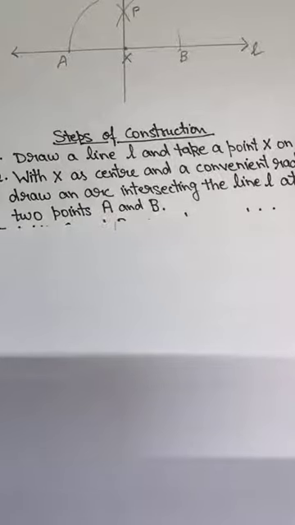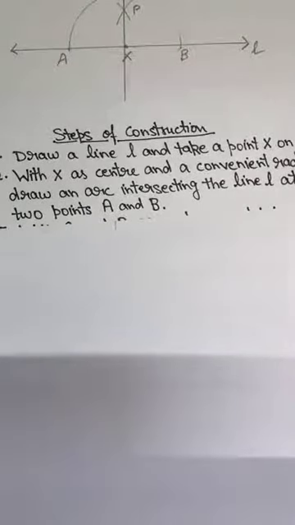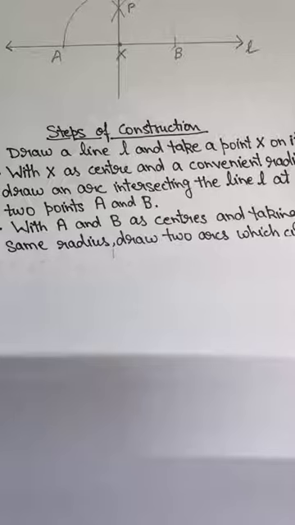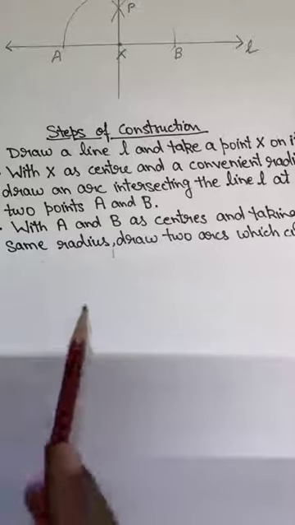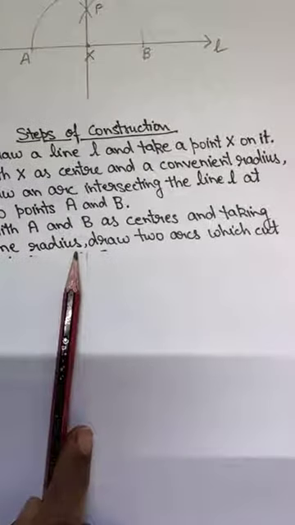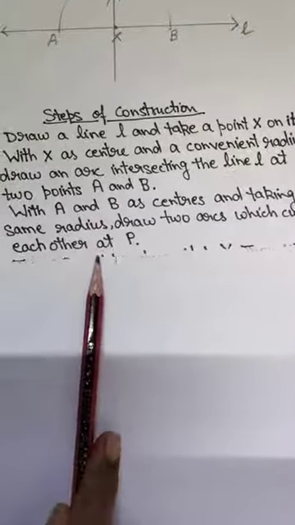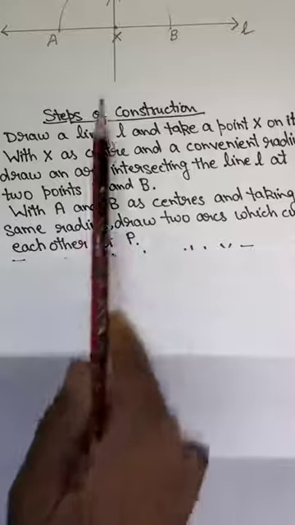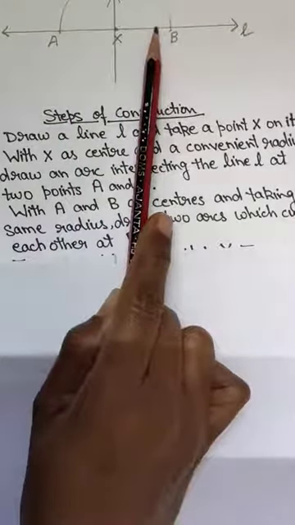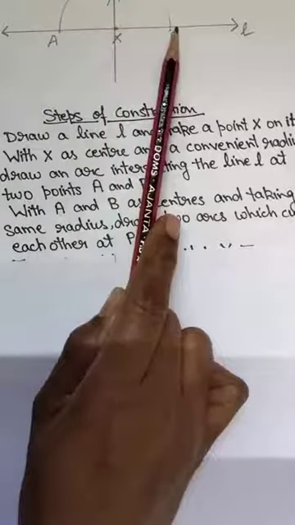We have drawn one arc which cut line L at 2 points A and B. Now, with A and B as a center and taking radius more than half of AB, draw two arcs which cut each other at P. We have taken radius more than half of AB, okay, or we can take equal to AB also.